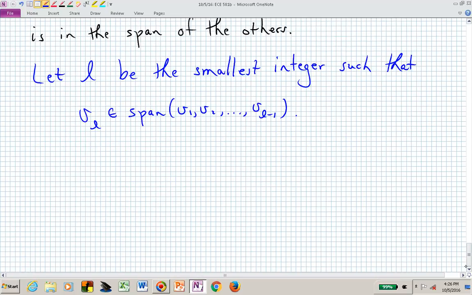If that's the case, then that allows us to write this in a special way, doesn't it? It means that we can say that v sub L is a linear combination of v1 through v sub L minus 1.